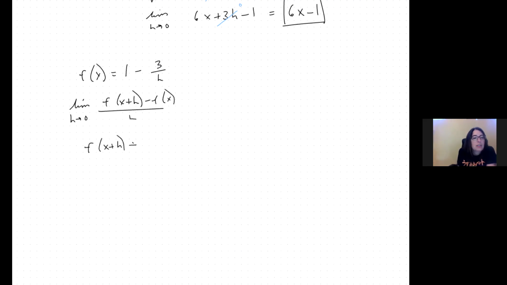Coming back up here, wherever there's an x, we replace it with this. So 1 minus 3 over x plus h, okay, again, that's this first portion, minus our original, all over h.